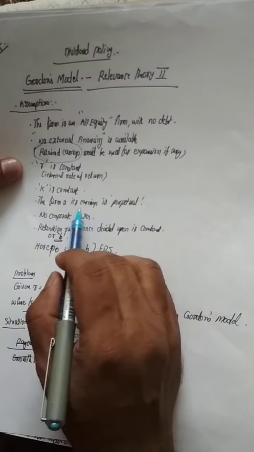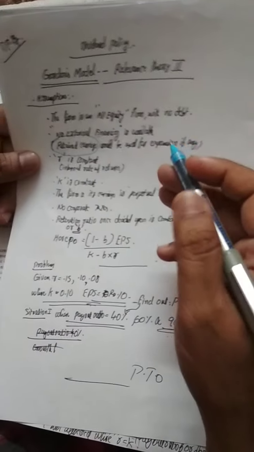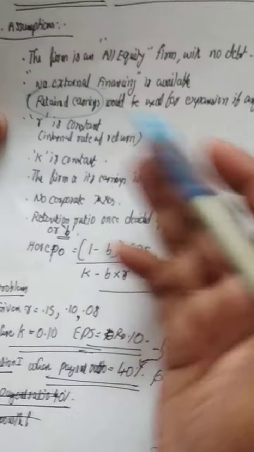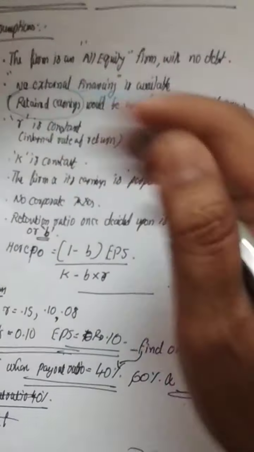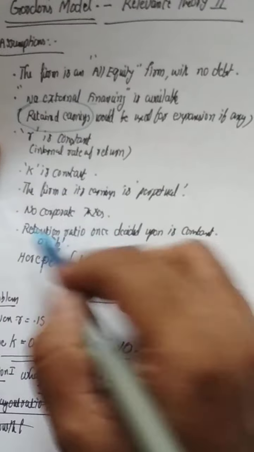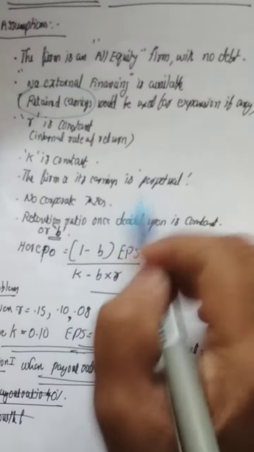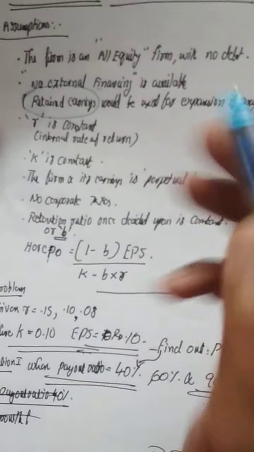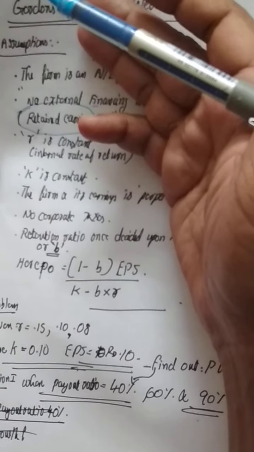Then the firm and its earning is perpetual. As in the case of James Walter's model, the firm is having perpetual life. Its earnings are also assumed to be perpetual. Then there will be no corporate taxes. Even though it seems to be an illogical assumption, that is applied under Gordon's model.